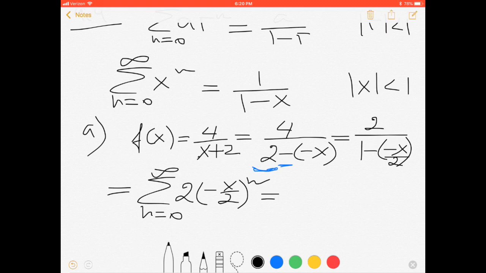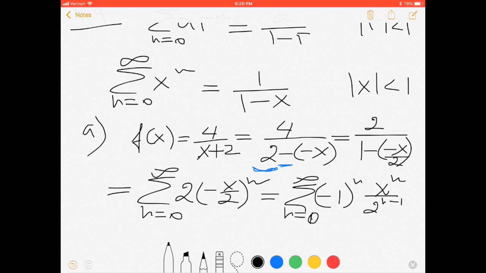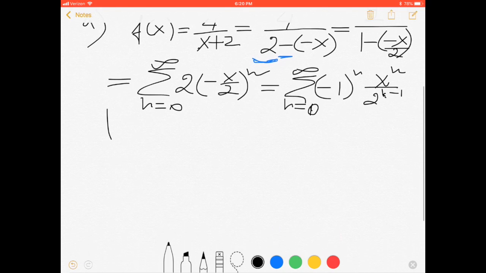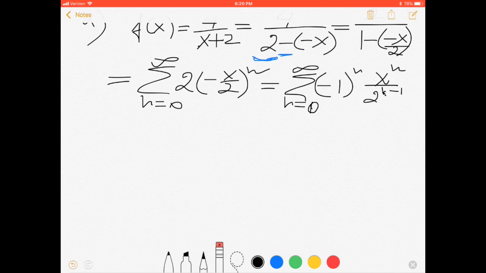Rewriting a little bit, this is the sum of negative 1 to the power n times x to the power n over 2 to the power n minus 1, starting from 0 to infinity.